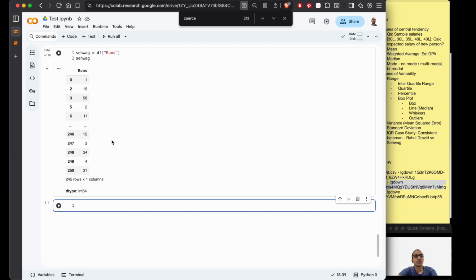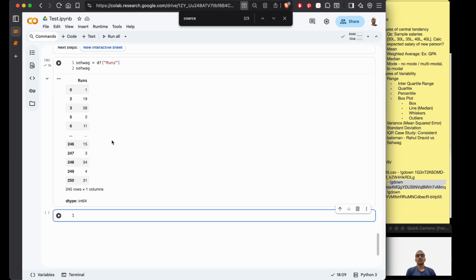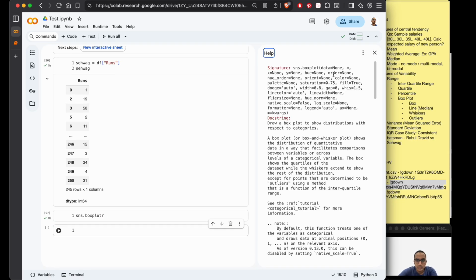So yeah, now the quickest way to visualize this is obviously to plot it. So let's just plot it and see how the IQR and all that stuff are. So sns.boxplot, see the documentation once, what it takes.